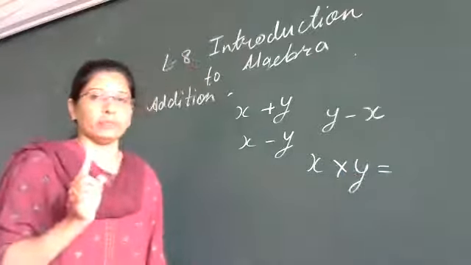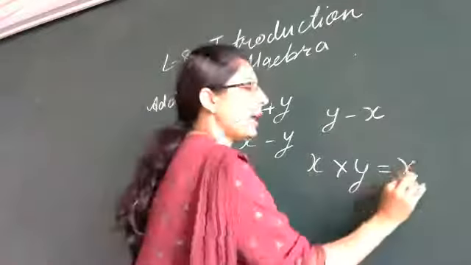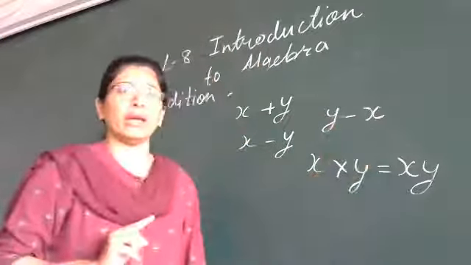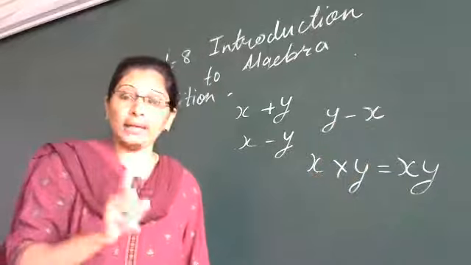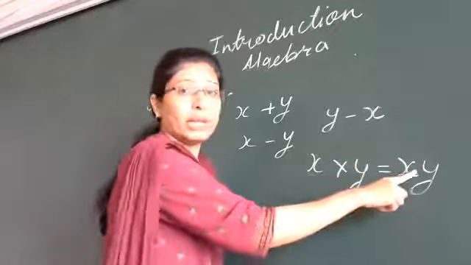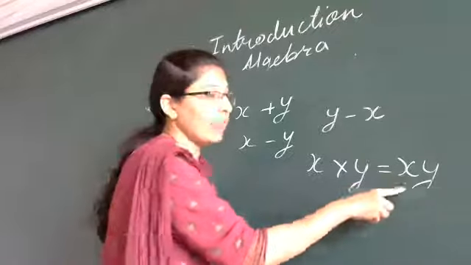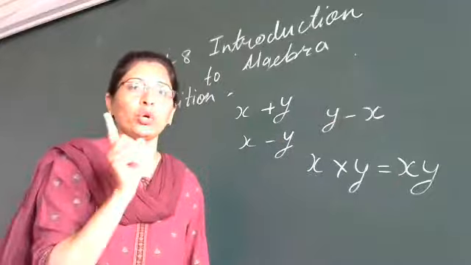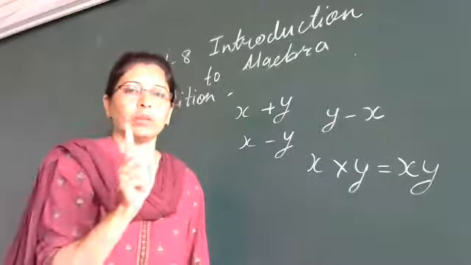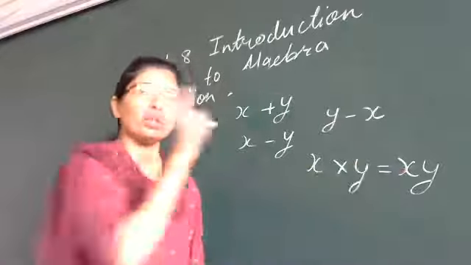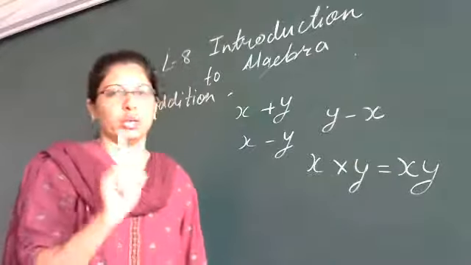Now one more thing. If it is given as xy, and no sign is there, you should understand that it is multiplication when only x and y are given together. But for plus and minus you have to put a sign. Whether you put a sign or not, it is multiplication only.